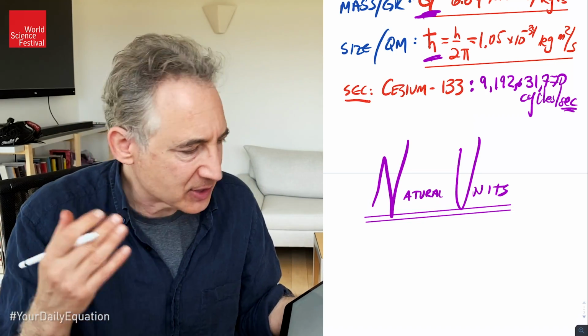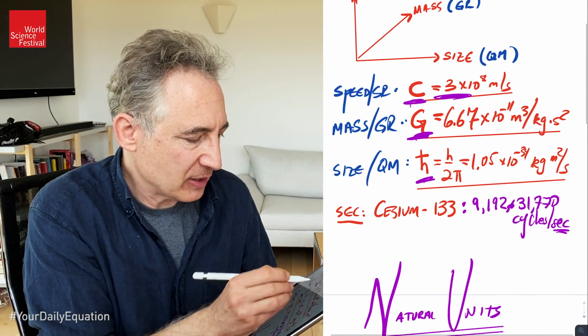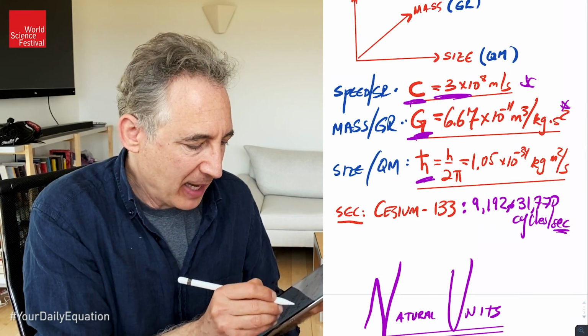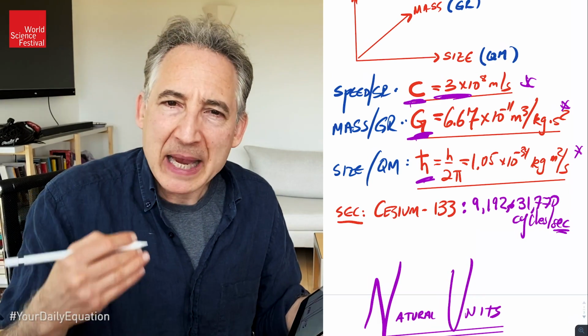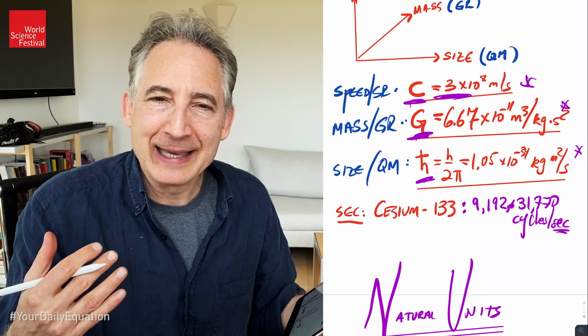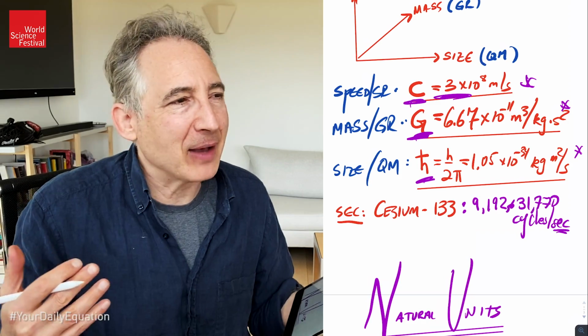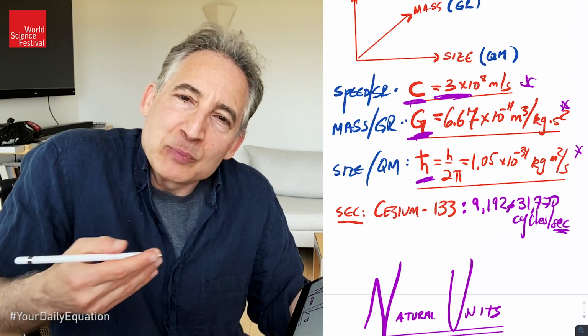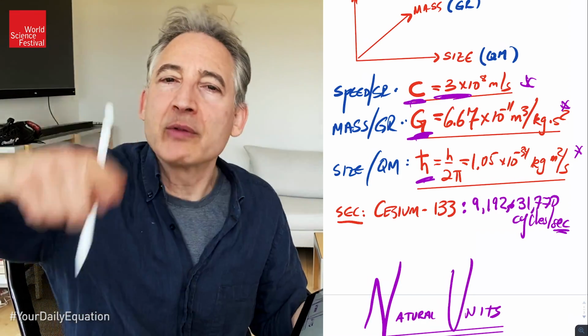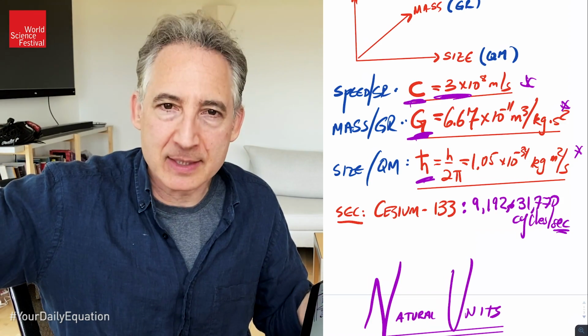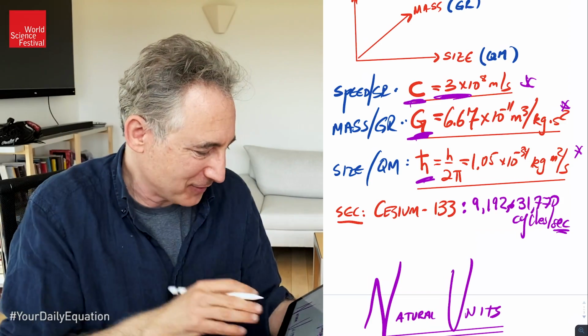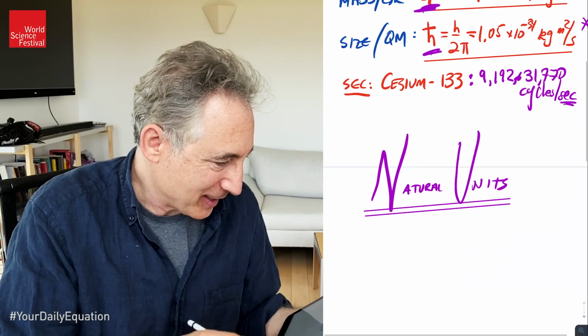And the intuition here is the fundamental constants are telling us about the basic structure of space, time, and energy, and therefore somehow are viewed to be, not somehow, they really are viewed to be more fundamental than some arbitrarily chosen specific process in the world, be it the rotation of the Earth or the vibration of, say, a cesium atom.